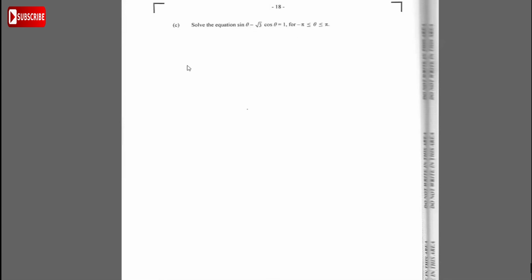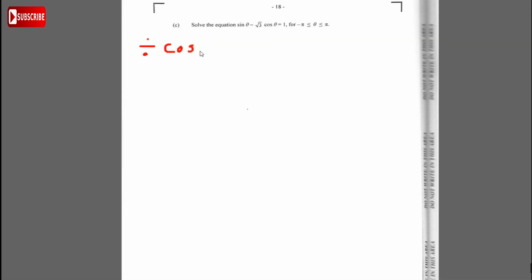Now finally, this part of the question says, solve the equation sine theta. Is that a minus? Let's look. Yeah, that's minus. Solve the equation sine theta minus root 3 cos theta equals 1. Once you're given these trig equations, the first thing to do is divide through by either sine or cos. I'm going to divide through by cos theta.